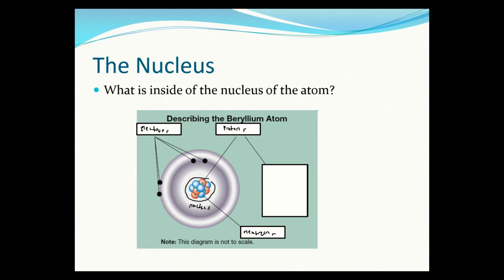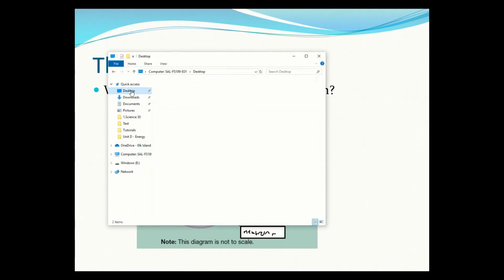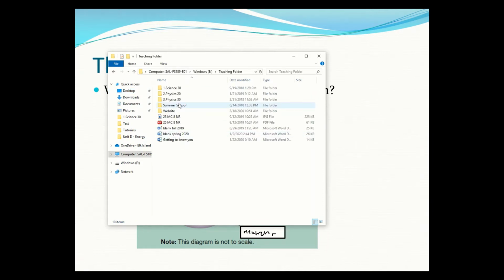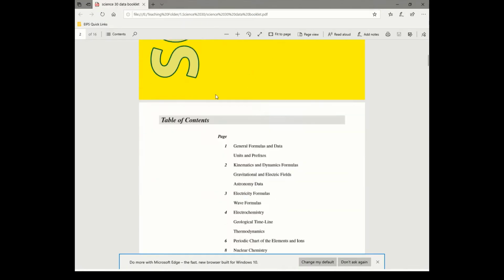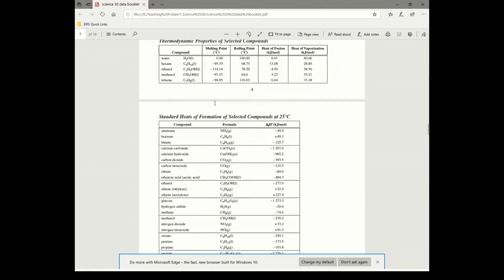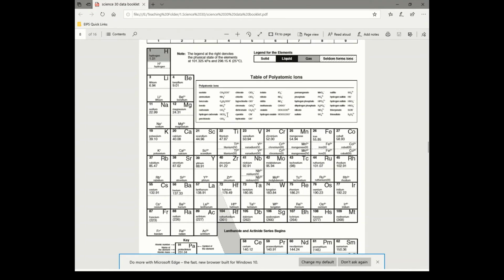Let me just open the periodic table here. Just one second, opening it up. Site 30, data booklet, there we go. Here we go. So this tells you a lot of information. The first thing I want you to notice is this number right here.